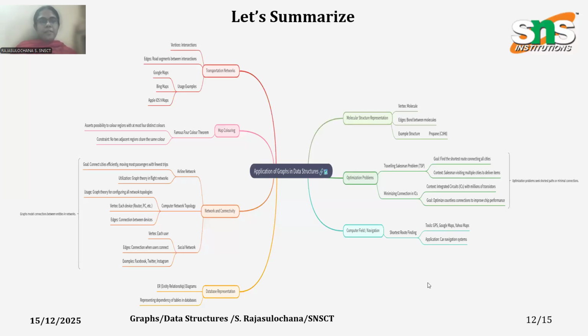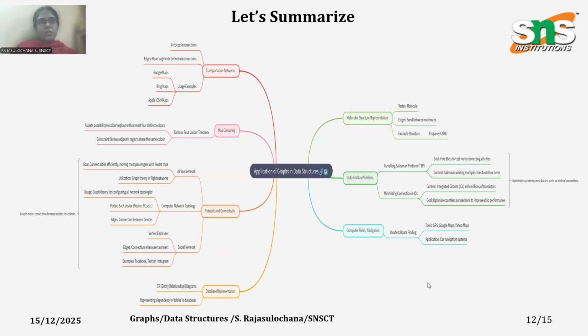So far we have seen what are the applications of graph, and one major application of graph that we have discussed is the map coloring problem. We have also seen how graph is used in networks and connectivity, where it is used in establishing the LAN network and in establishing computer network topology and establishing connection between users in social media.